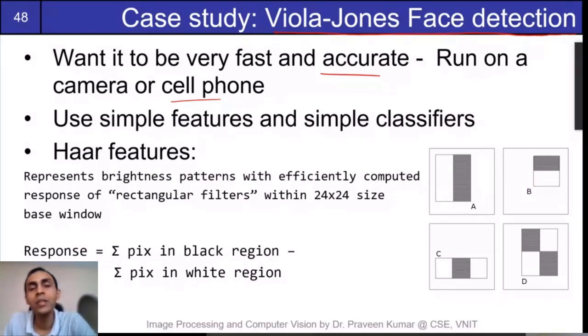If we see most of our cameras, either cell phone camera or handycam or whatever digital camera, even 5 or 10 years back, you can see that they had this capability to detect faces. And guess what algorithm they used? The inbuilt algorithm running in those cameras is this Viola-Jones face detector, because it worked quite accurately with very little time, in a very efficient manner.